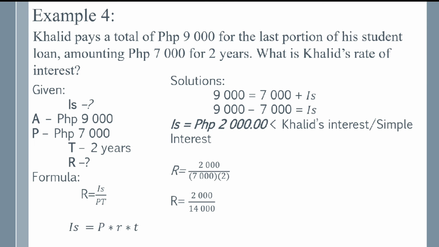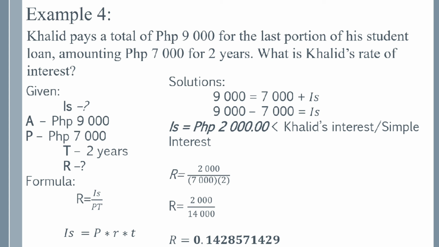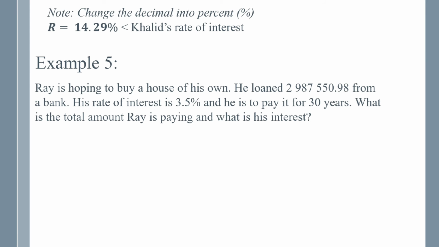And when we solve that, that will be 0.1428571429 times 100. And note, change the decimal into percentage. So our rate will be 14.29%, and that is Khalid's rate of interest.